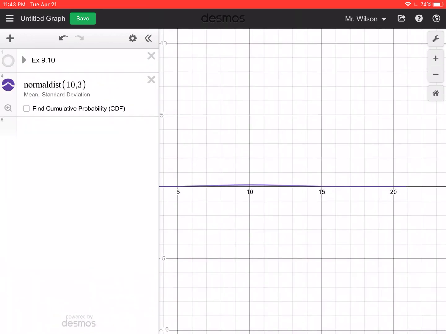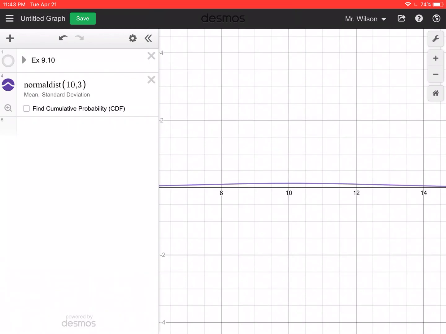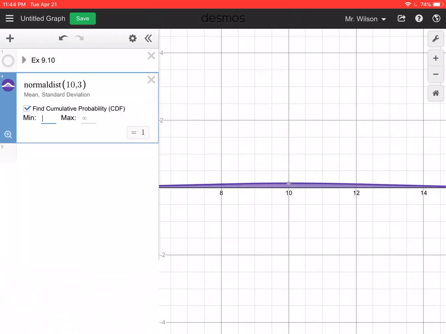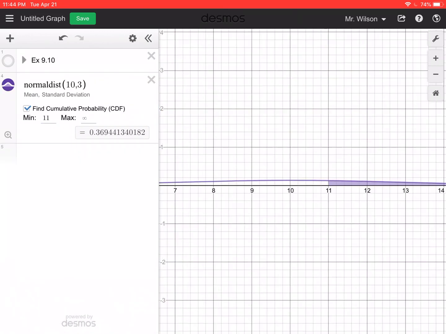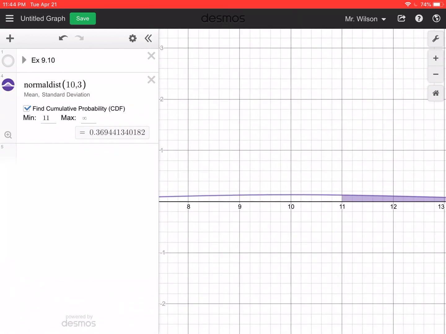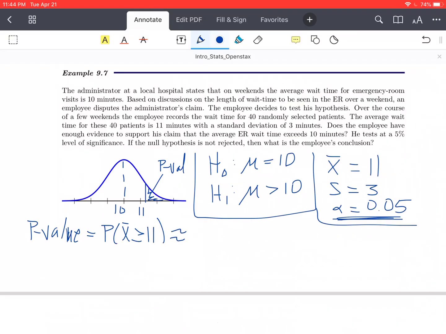Okay, so here's our curve up here, so it's pretty flat, and we're looking for the probability that our value is greater than 11. Okay, so you can see there's 11 right there, and we're looking at that area above that. So we get that this is approximately 0.3694.